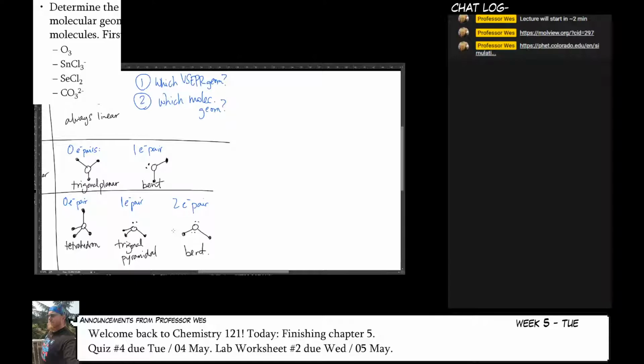All right, so first we're going to draw the Lewis structure of ozone. So for ozone, each oxygen is 6 electrons, and there are 3 of them. So I should have 18 electrons in my structure. So 2, 4, 6, 8, 10, 12, 14.